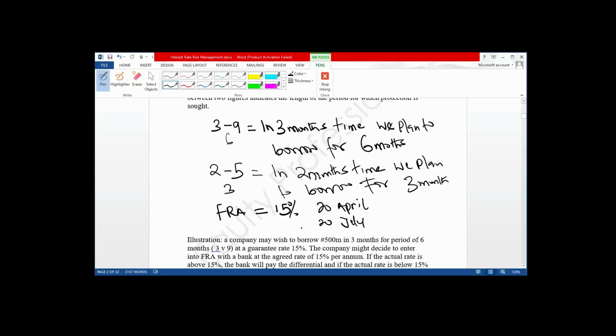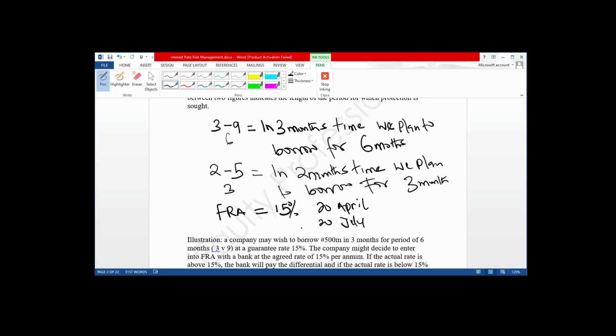Please note, you can approach any bank to borrow your money. You can approach First Bank today to enter into a forward rate agreement.